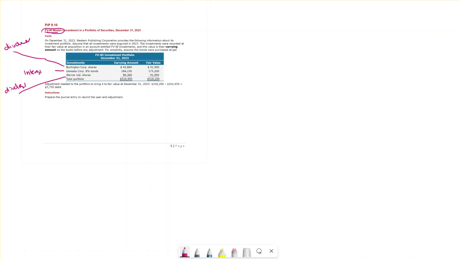So the value in your books is sitting at 314,450. The value that you need is 318,200. First we needed to find out the difference between those two, which is 3,750. I always like to do T accounts to see it.